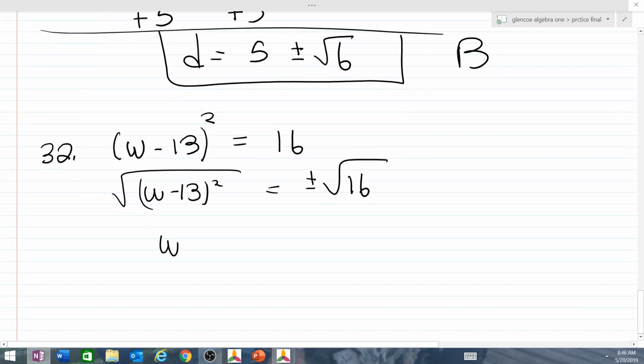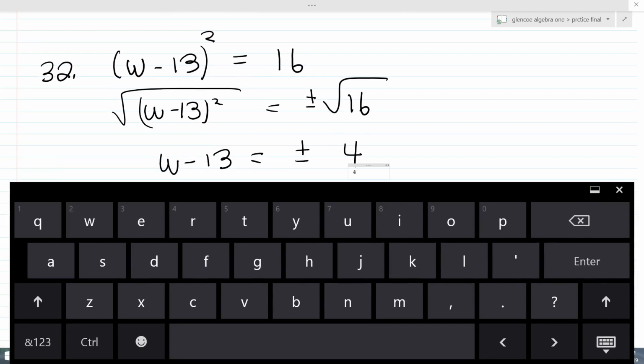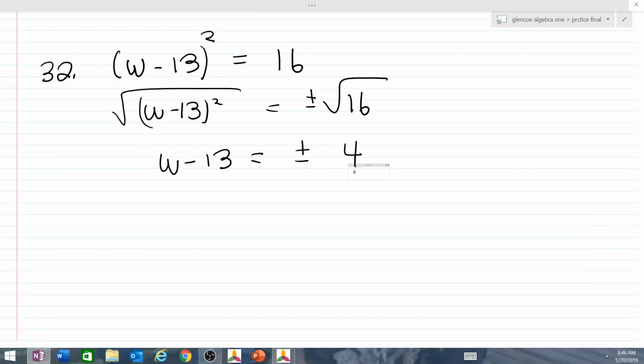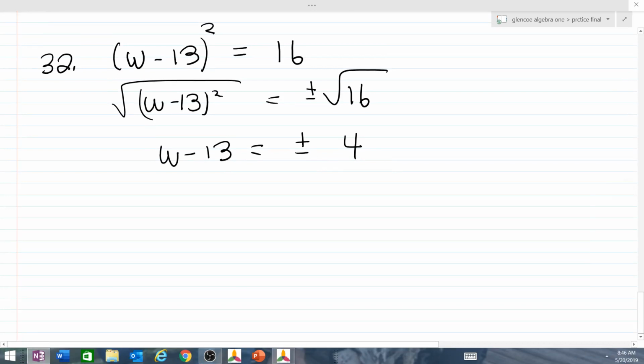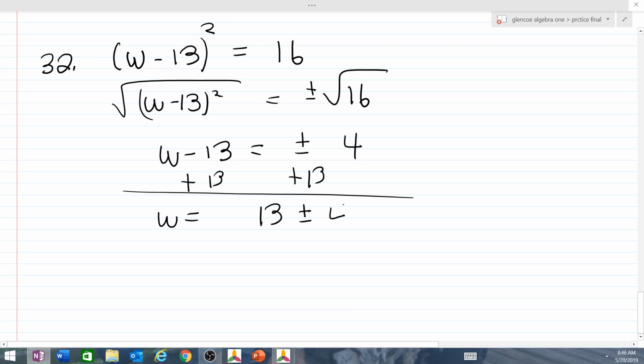And you get w minus 13 equals plus and minus 4. You're solving for w, so you add 13 to each side, and you get w equals 13 plus and minus 4.